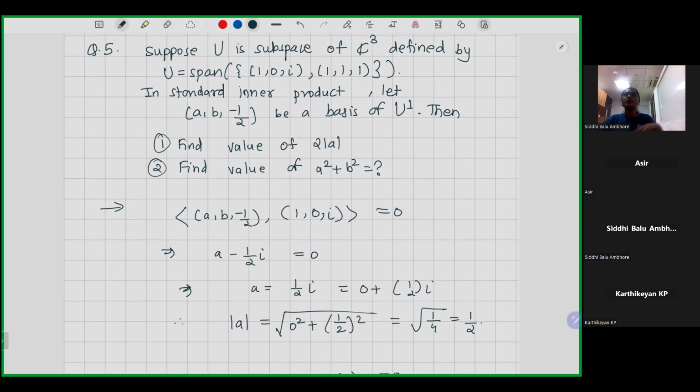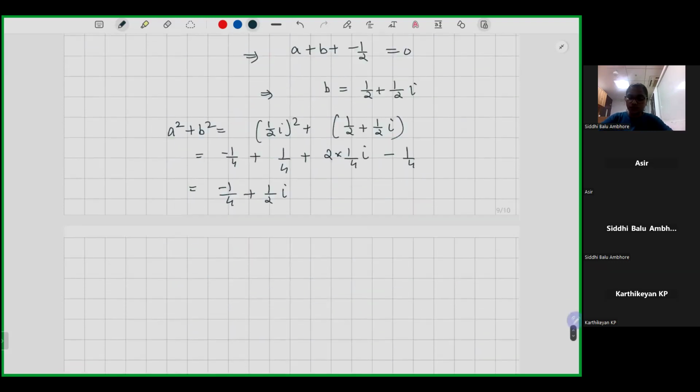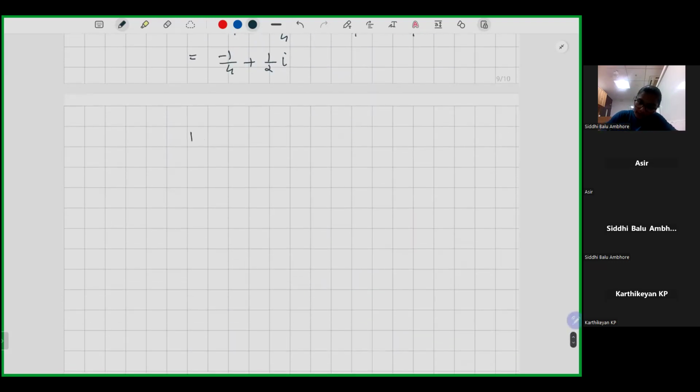What I was saying is W is a set and W perp is a subspace, which we proved, right? That for any W, W perp is always a subspace of V. So this W perp is a subspace and it is the orthogonal complement of a set.